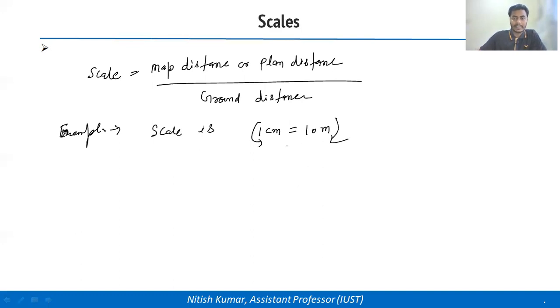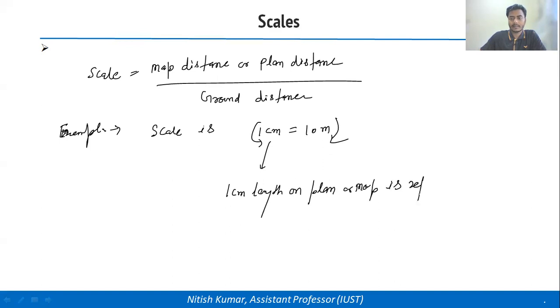What does it mean? Scale 1 centimeter is equal to 10 meter. It means 1 centimeter length on plan or map is representing 10 meter ground distance.